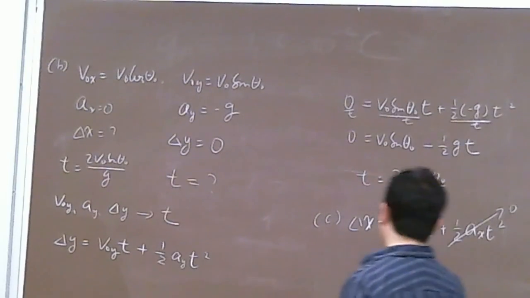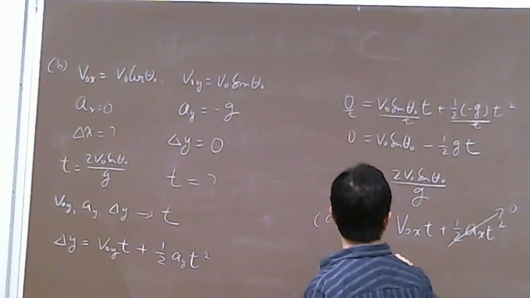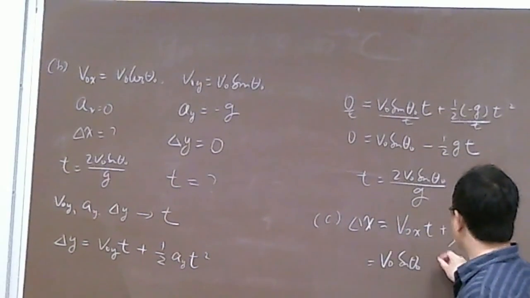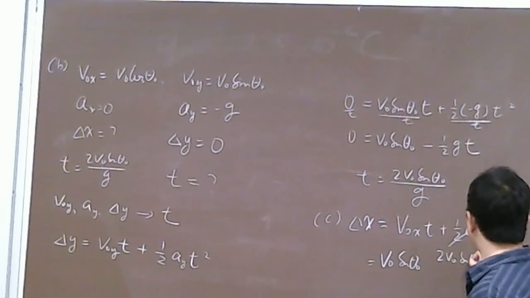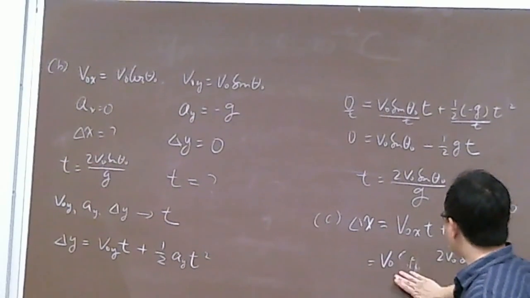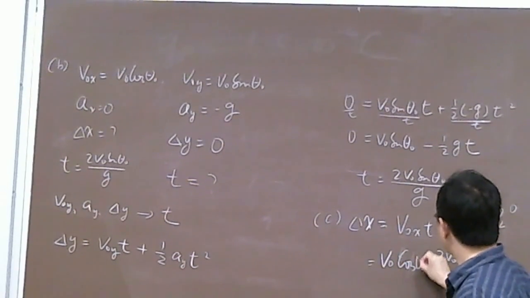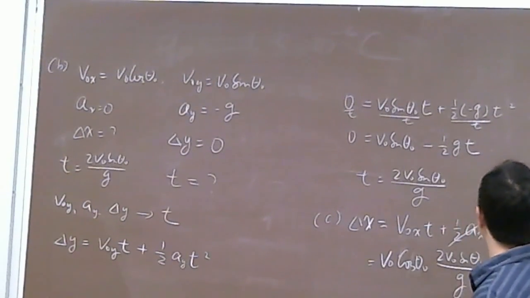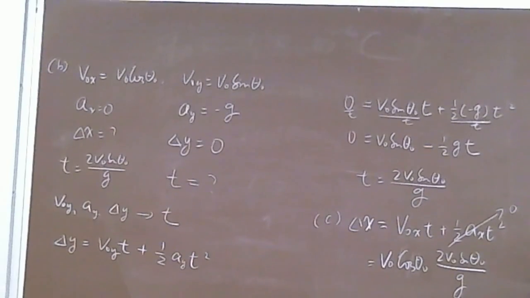So delta x equals v naught x multiplied by t, which is v naught cosine theta naught times 2 v naught sine theta naught divided by g. Let's combine it.